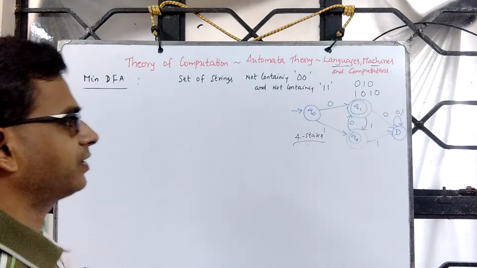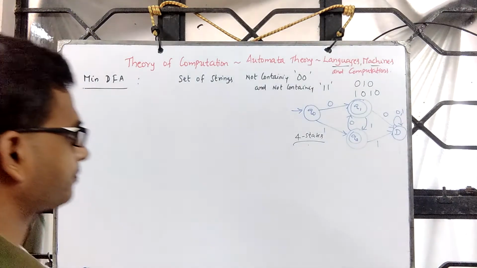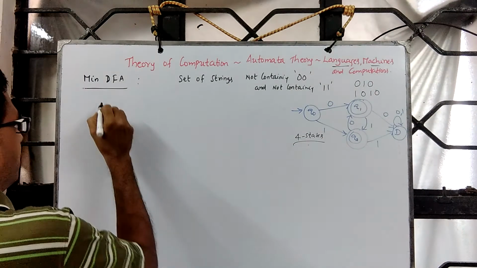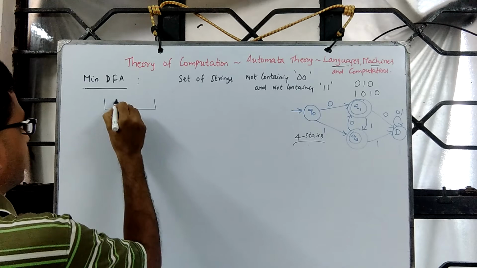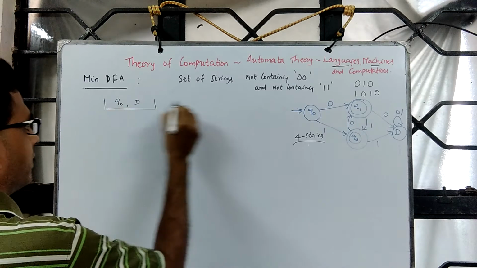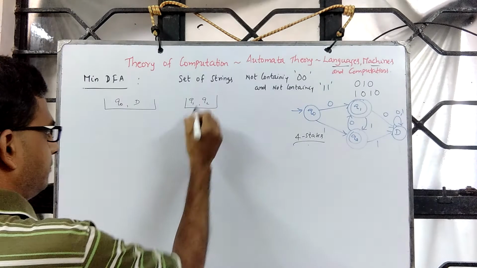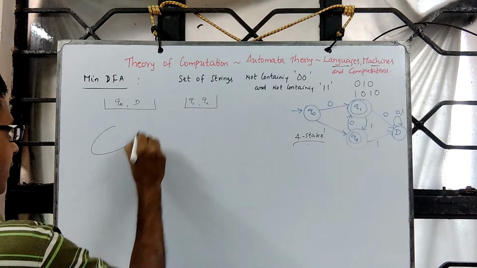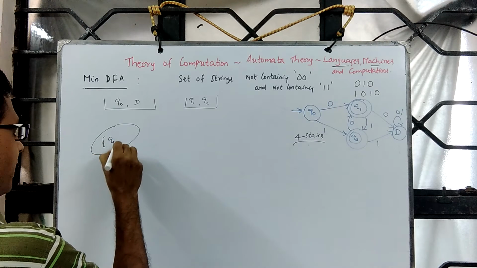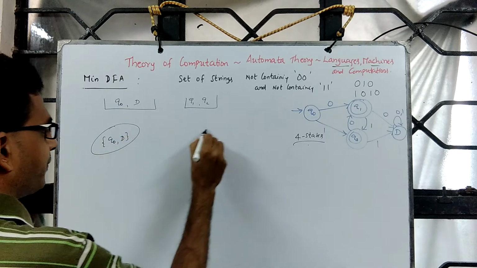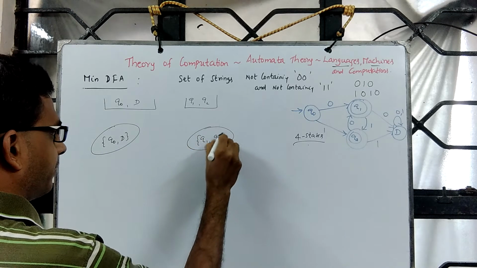Let's check whether this is indeed minimum. So to start with, you group non-final states on one side, and final states on the other side. So we have a state containing Q0, D and another one containing Q1, Q2.